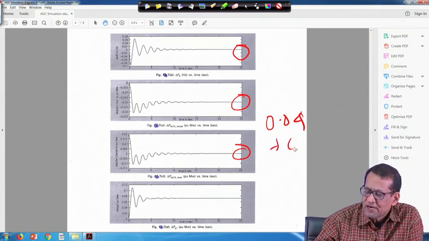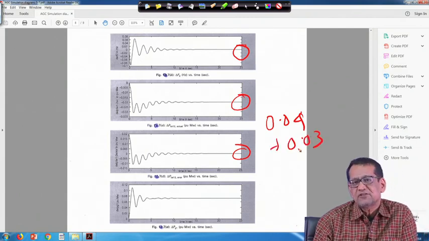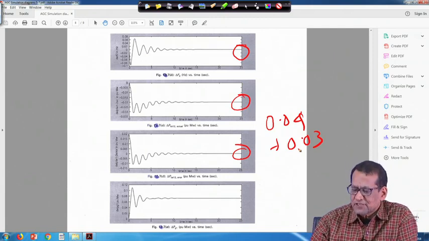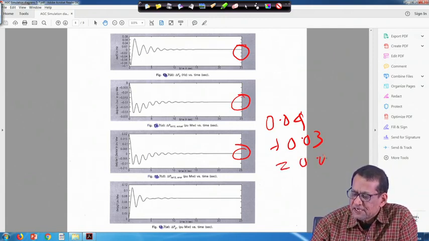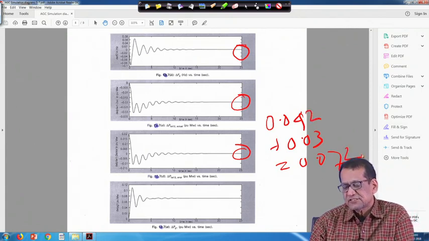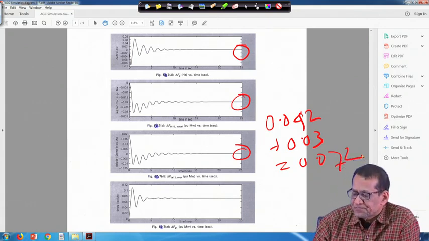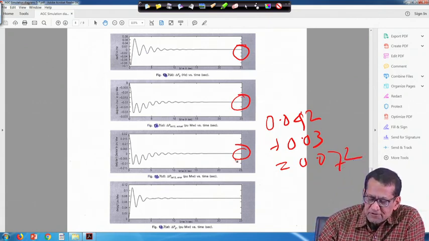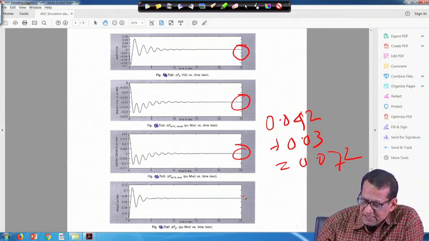So plus 0.03 will be added, because 0.04 into 0.75. So the total will be 0.042 plus 0.03, so 0.072.